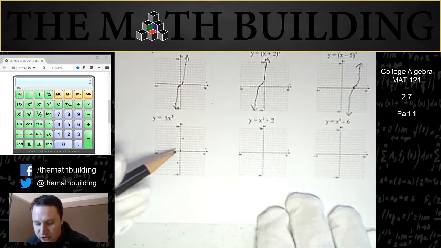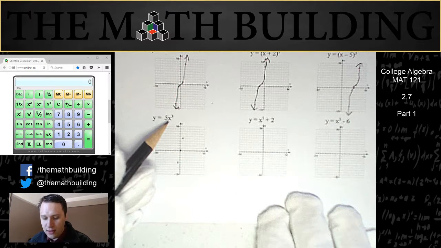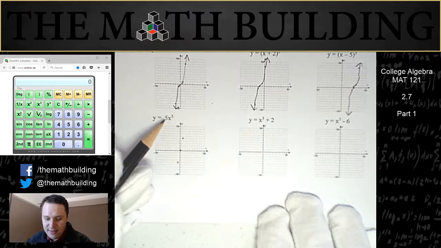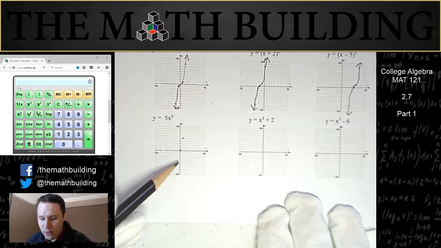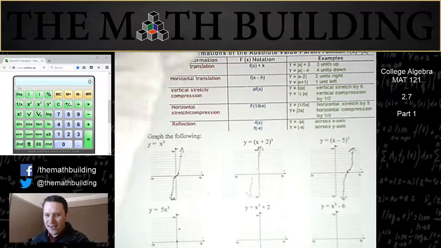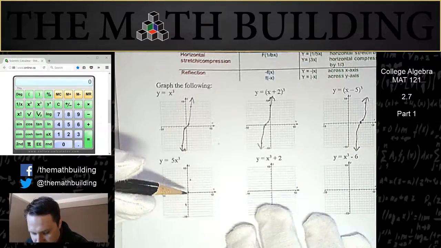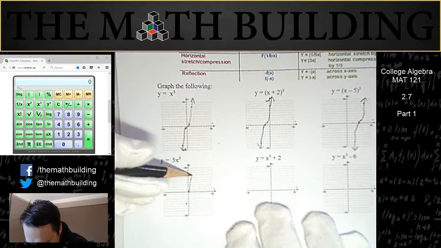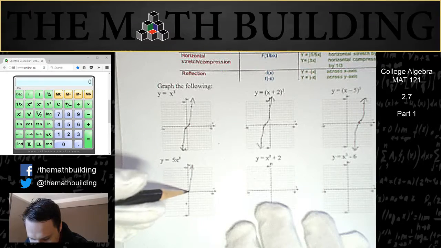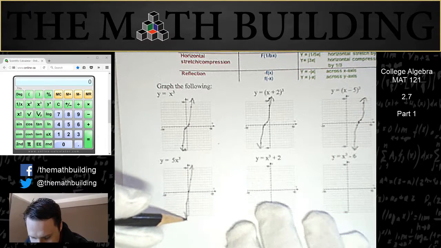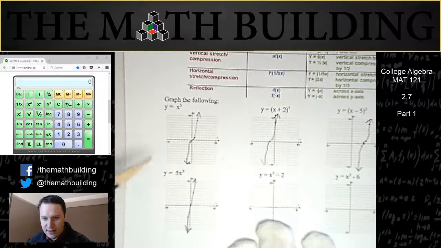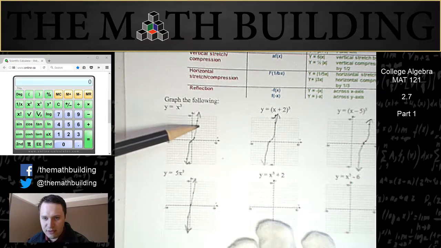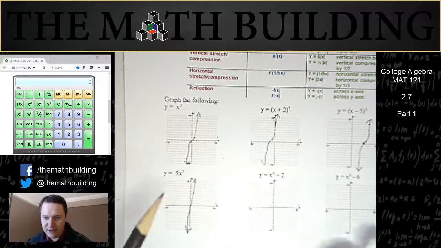In fact, over 2, it's going to be over 2 times 2 times 2 is 8. 8 times 5 is 40. So it's going to be over 2 up 40, which is way off our graph, and over 2 down 40. So we can't even put those points on our graph, so we'll just stop there. And so you can see, hopefully, this graph is narrower than this graph because we multiplied it by the 5.